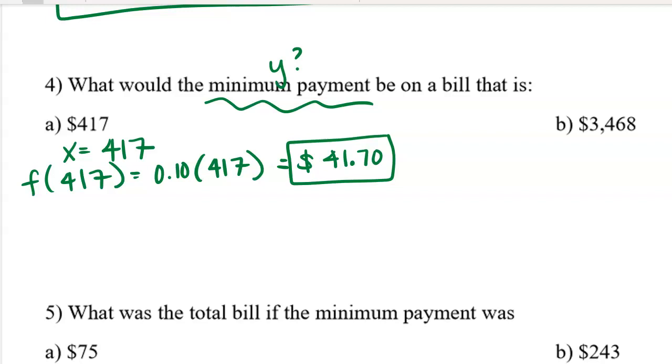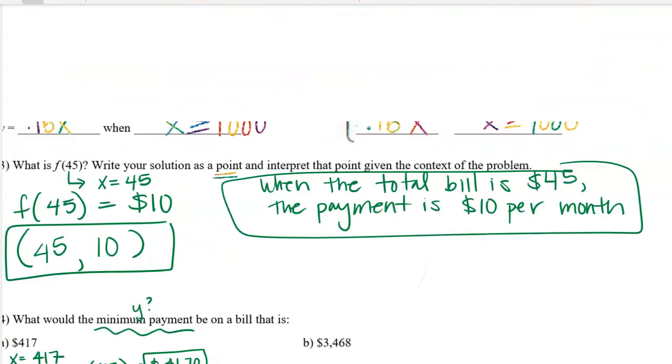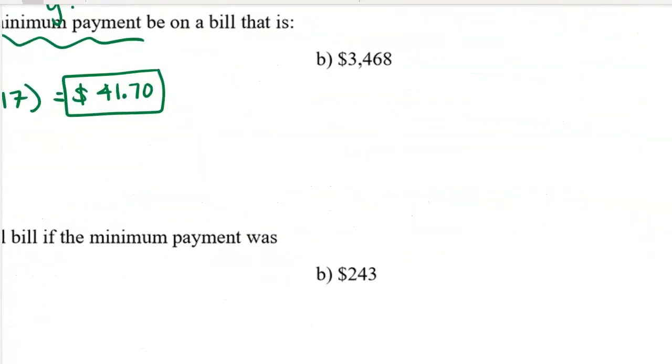But before we do part B, Ethan, which piece should we use to calculate the minimum payment for part B? First, second, third, fourth piece? The fourth piece. That's right. All right, guys. Everybody calculate the fourth piece.